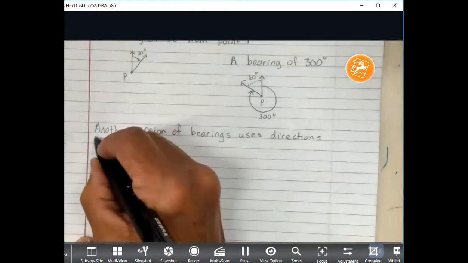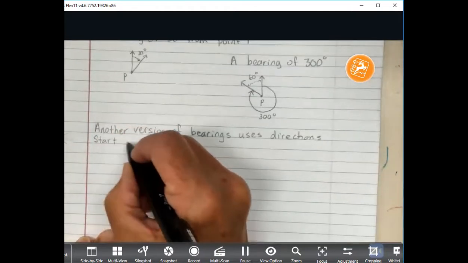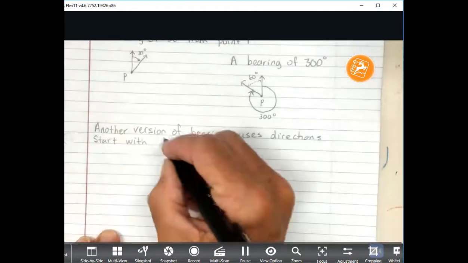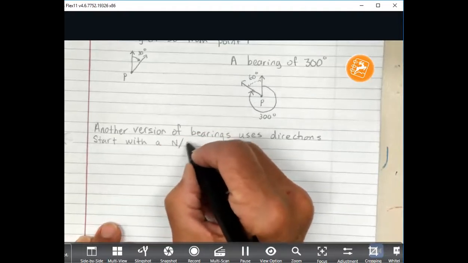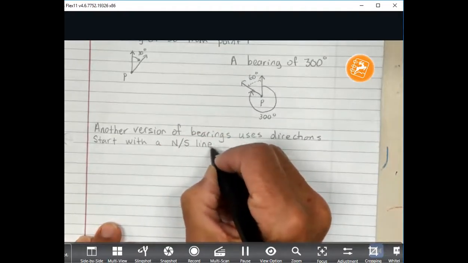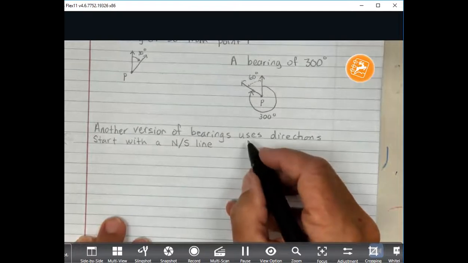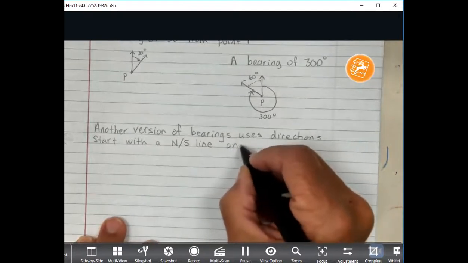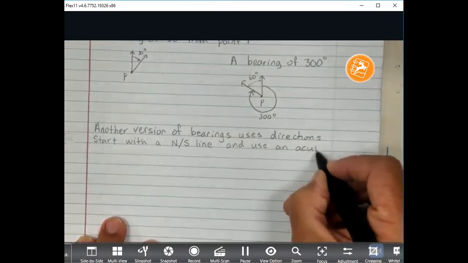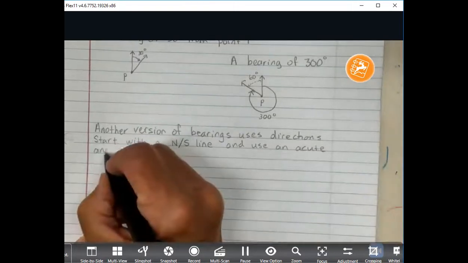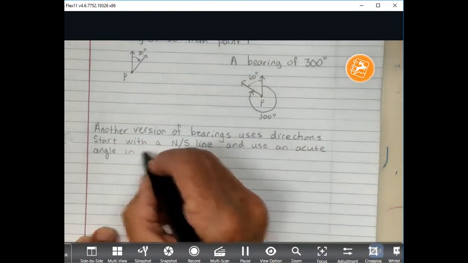So we start with a north-south line and use an acute angle in the stated direction.